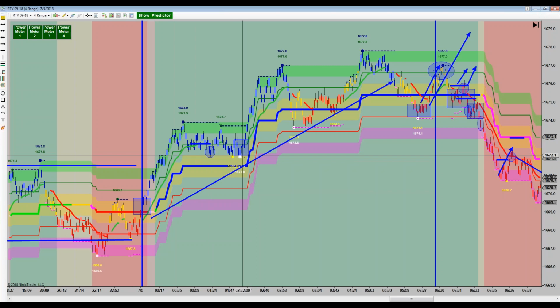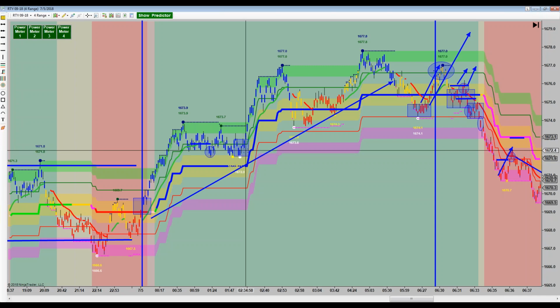Granted, that's 2:32 in the morning in the middle of the European trade session, so unless you're a night owl, you probably weren't even up. But nonetheless, was it a trade or not? I'll give you 3 more seconds to type an answer in.